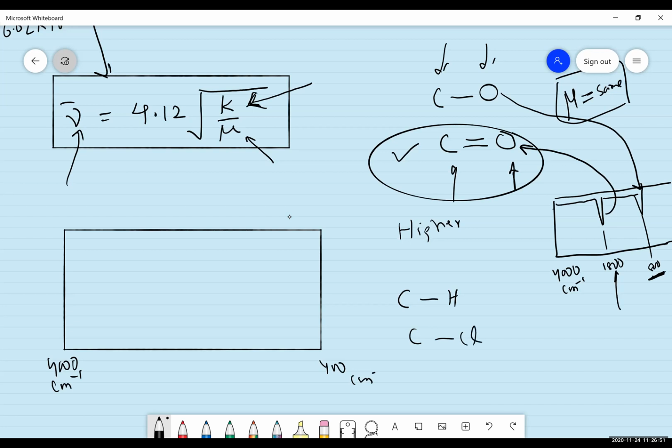I have 2 signals, and I know that one of the signals belongs to the CH bond and the other signal belongs to CCl. Maybe I have one signal here and the other signal here. Let's call this signal number 1 and signal number 2. Based on the information from Hooke's law, can you tell me which one belongs to CH? Does signal number 1 belong to CH, or signal number 2, or vice versa?